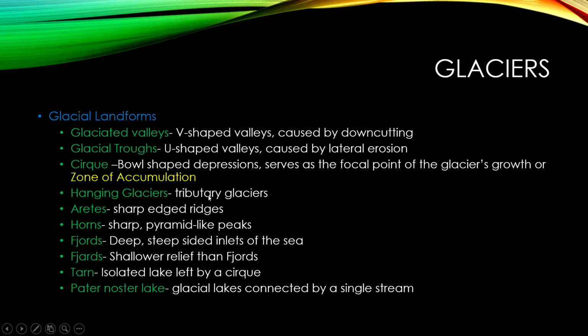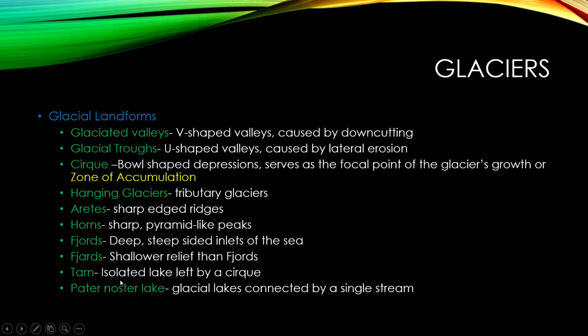Hanging glaciers, these are tributaries, and then arêtes, these are sharp-edged ridges. Horns are the pyramid-like peaks that are formed by glacial erosion. Fjords are deep-sided inlets of the sea, and then fjards, which are shallower reliefs than fjords.